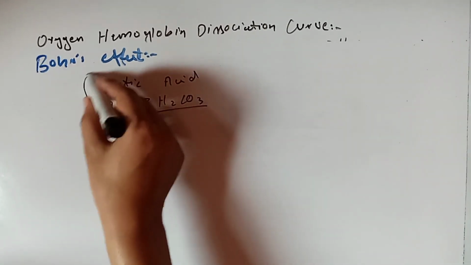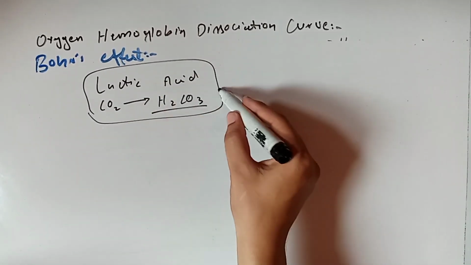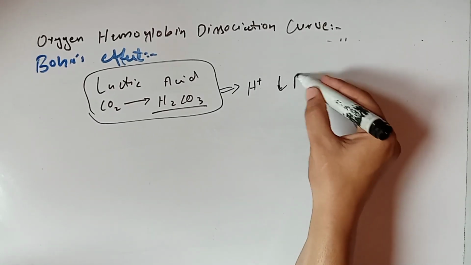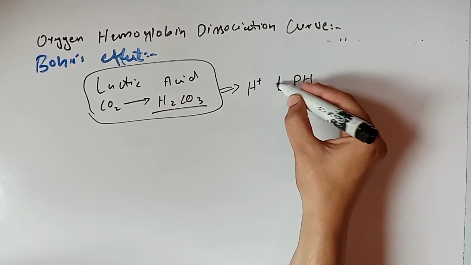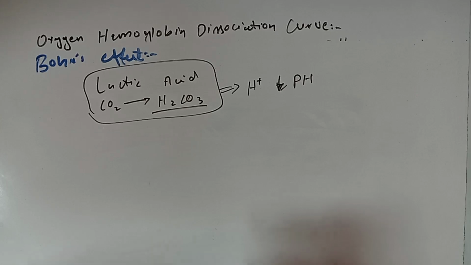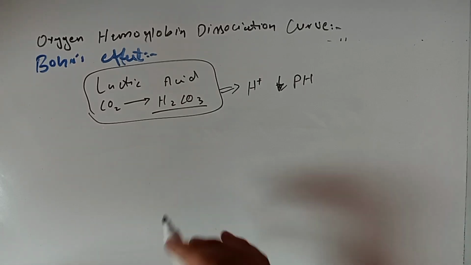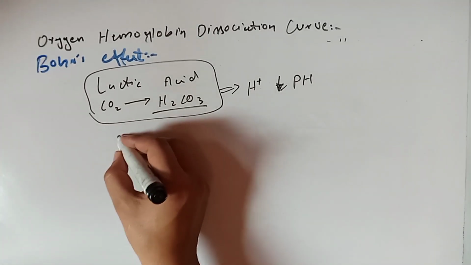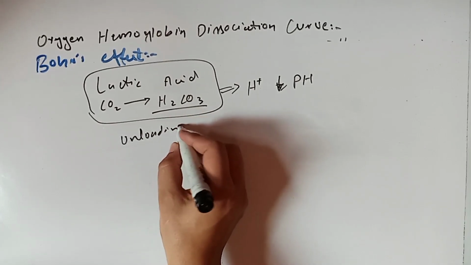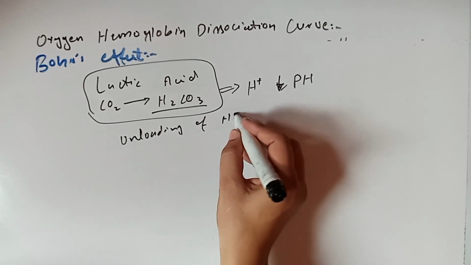So both these acids release H positive and decrease the pH. This decrease in pH favors the unloading of oxygen from hemoglobin in the tissues.